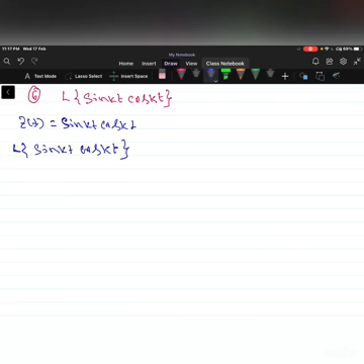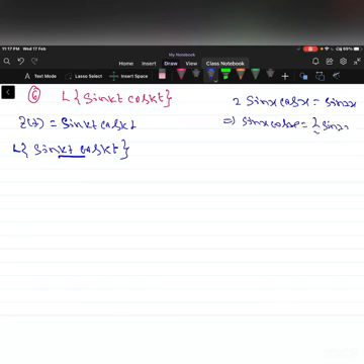So let us modify this function. So you know that 2 sin x into cos x is sin 2x. So this can be written as sin x into cos x is equal to 1 by 2 into sin 2x. Therefore sin kt into cos kt can be written as 1 by 2 into sin 2kt.